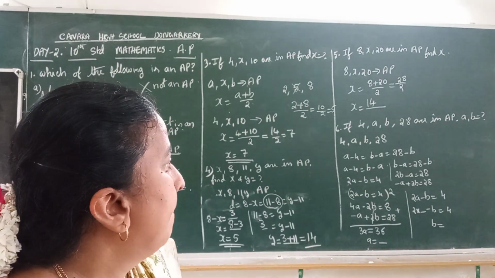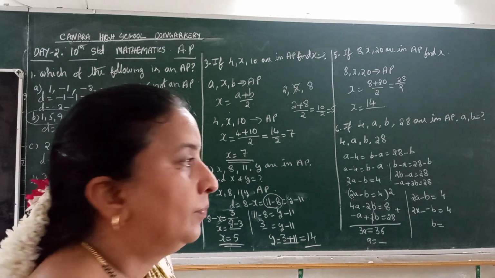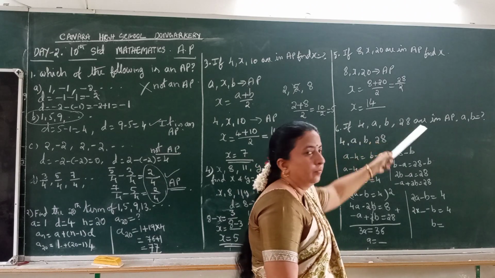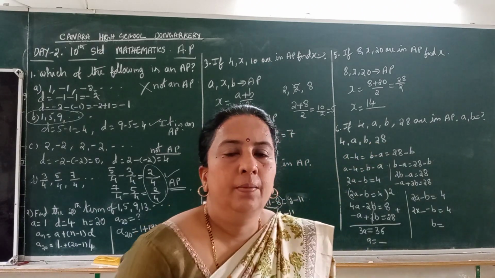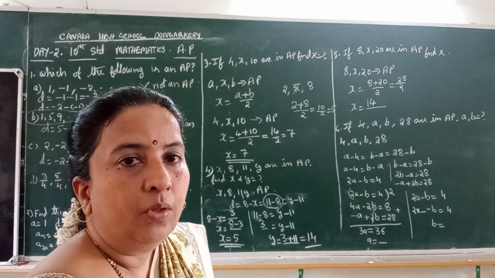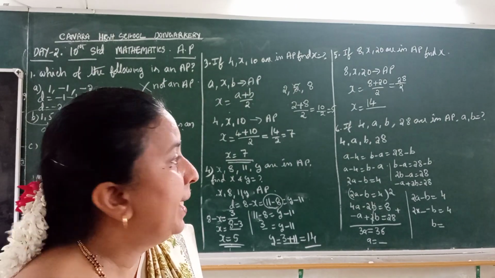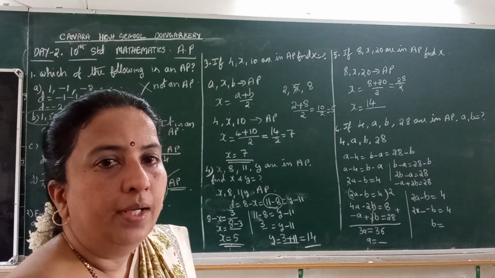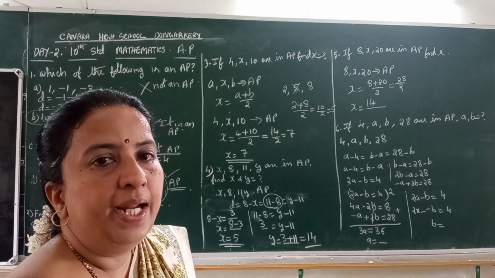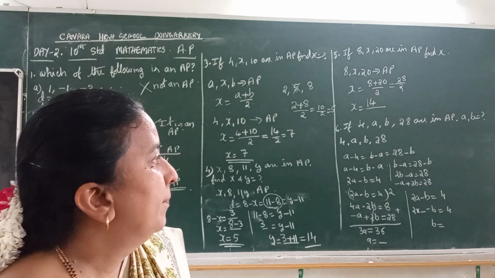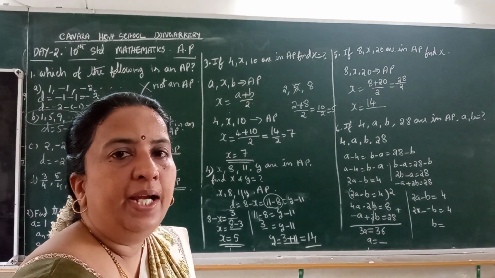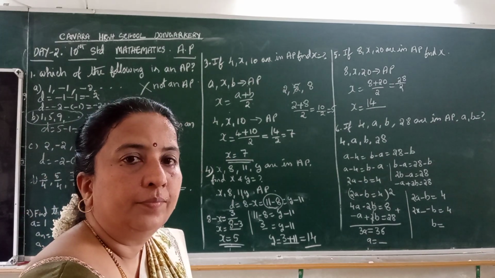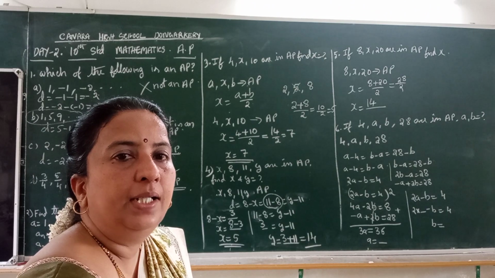Next question. If 4, a, b, 28 are in AP, find a and b.